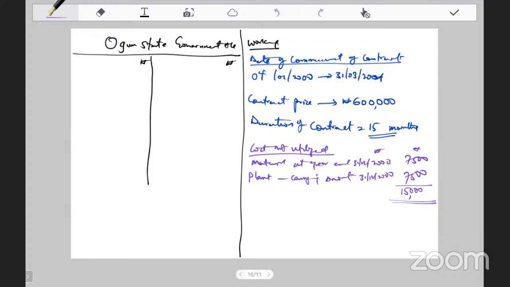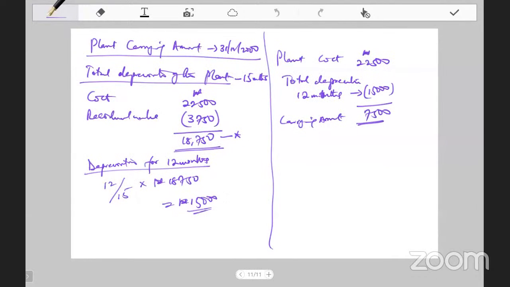No, sir. Then we bought a plant, and we are going to use the plant for 15 months. At the end of the 15 months, the plant will still have a residual value of 37,500. What we are simply saying is that the entire value that we'll be using on the plant is 18,750.